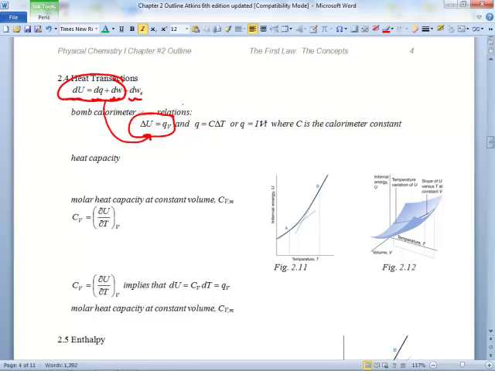But they say delta U equals Q with little v. Now, little v probably means what? Volume. So that means, and it's a bomb calorimeter. So you're doing some reactions, and you're keeping what constant? Oh my gosh, this thing weighs a ton. You're keeping what constant? The volume, right? So why would this be called a bomb then?